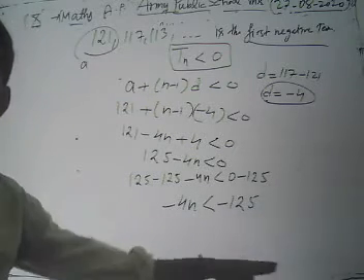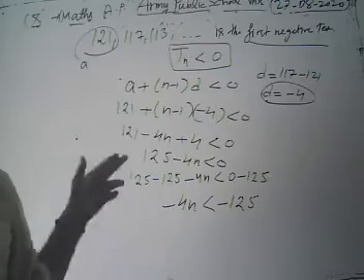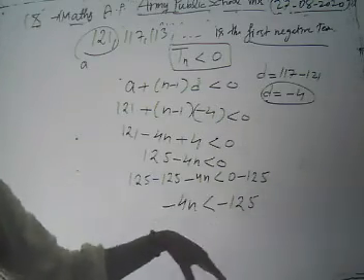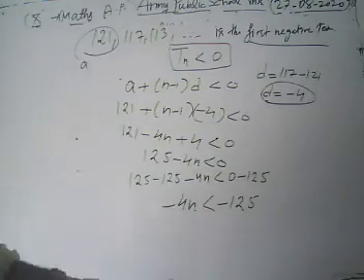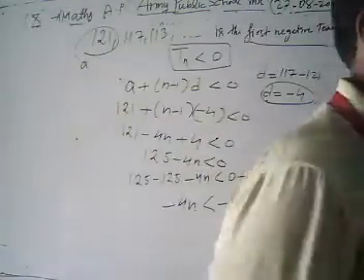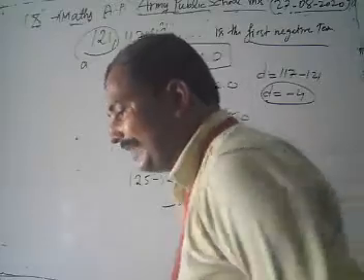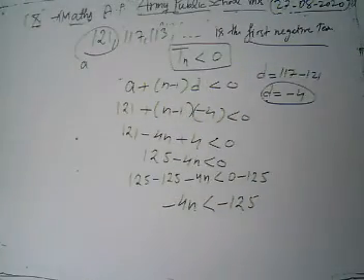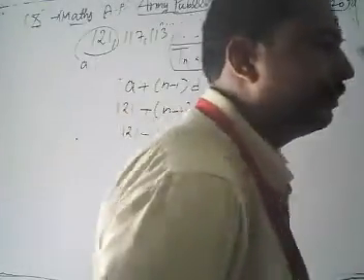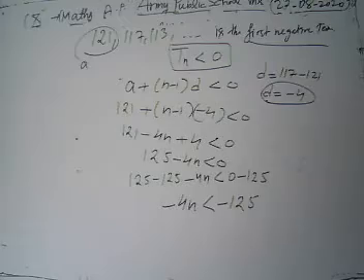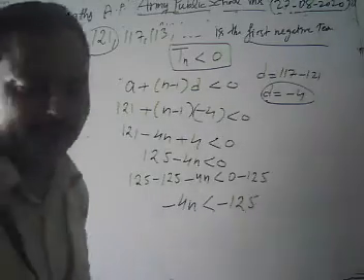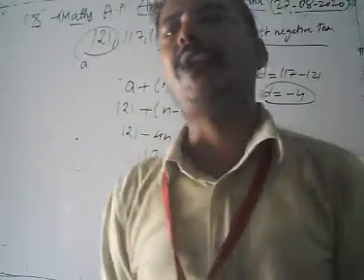Either we multiply or divide both sides by minus 4. Please remember that whenever we solve inequalities, when we multiply both sides by a negative number or divide by a negative number, the sign of inequality changes.